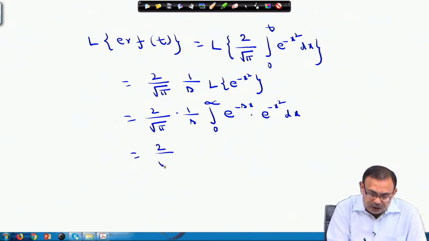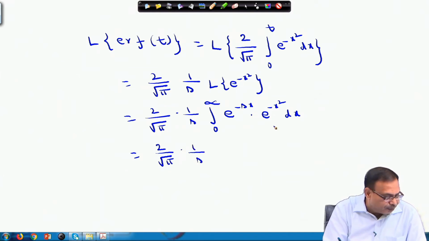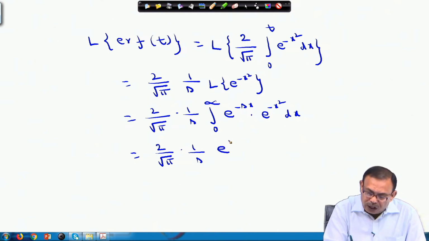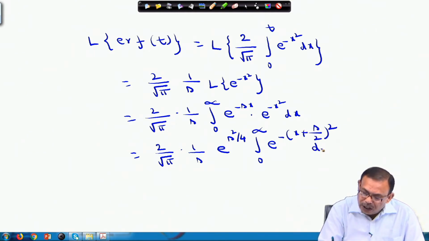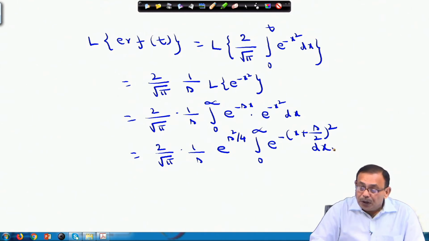So, again I will write down 2 by root pi into 1 by s, e power s square by 4, I am just explaining, into integral 0 to infinity e power minus (x plus s by 2) whole square dx. My aim is to make it to some known function. So, I am multiplying e power s square by 4 here, and this e power s square by 4 I have taken over here, so that they will be nullified.